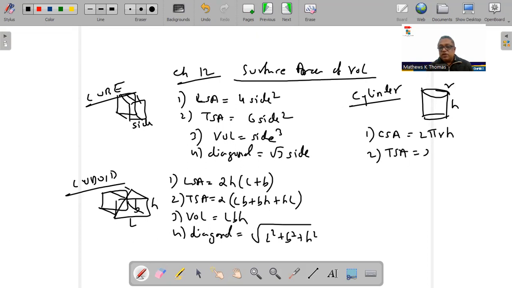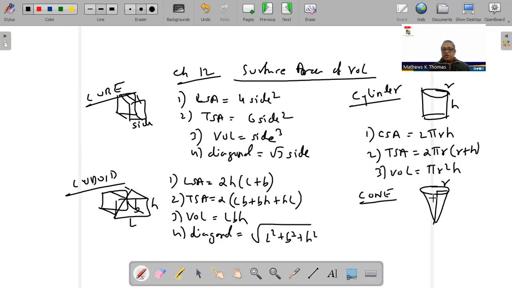Total surface area is 2 pi R(R plus H). Curved surface area means the two circles, top and bottom, are open; for TSA the top and bottom are closed. Volume is pi R square H. So only 3 formulas in cylinders: CSA, TSA and volume.